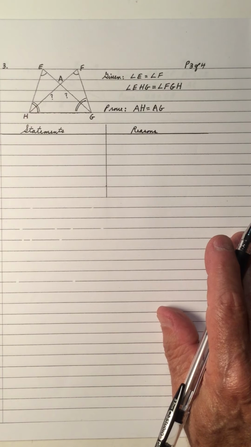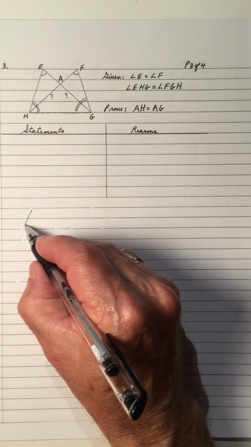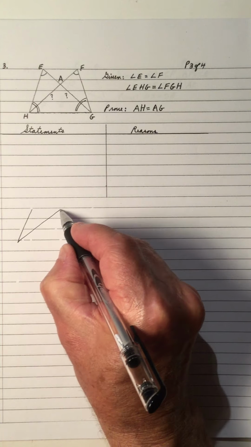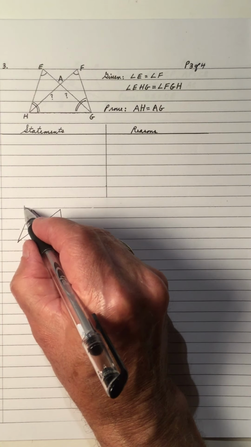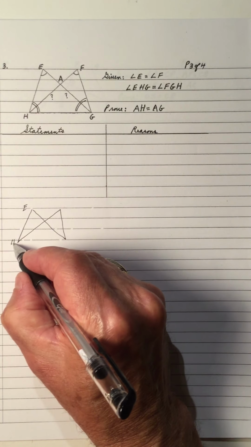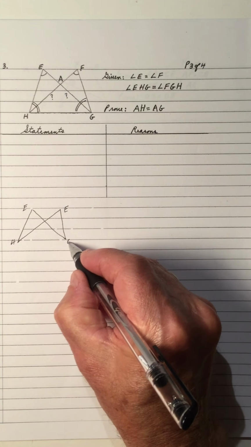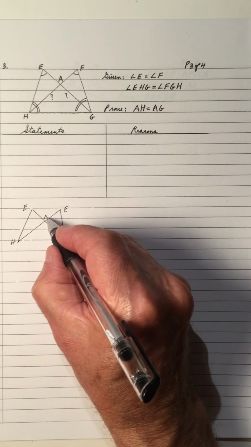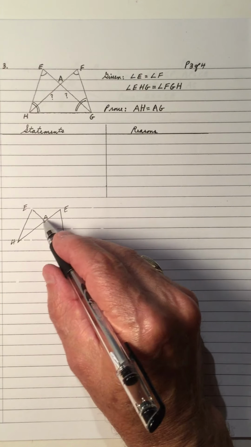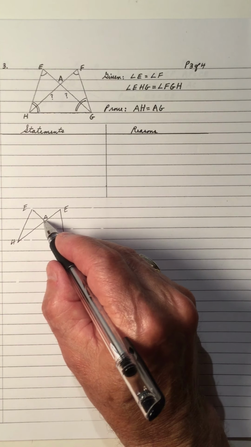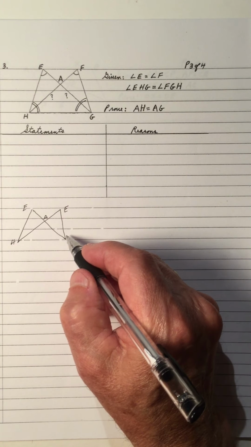So, let's try this first. Let's try these two triangles, E, H, and F, G intersecting at A. If we can get these two triangles congruent, then AH is equal to AG by CPCTC.